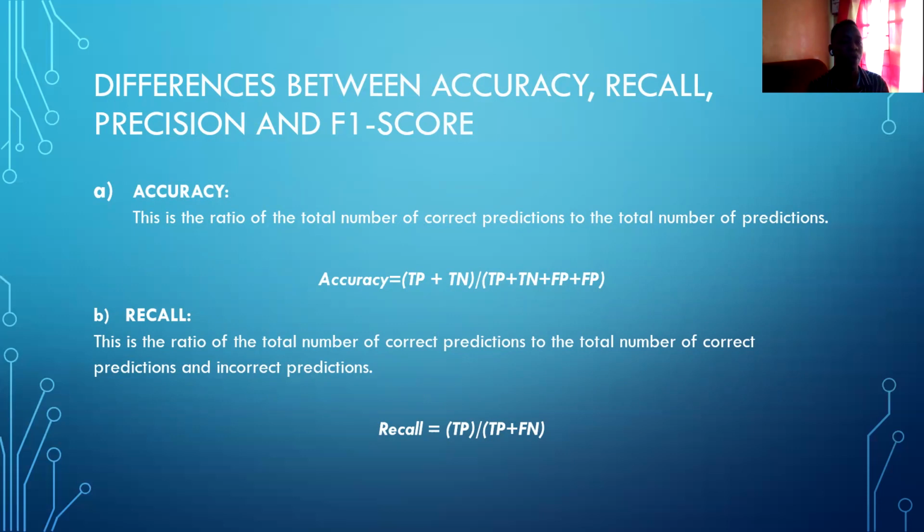We have what we call recall, which is the ratio of the total number of correct predictions to the total number of correct predictions and incorrect predictions. And that is the formula, as you can see in my slides.